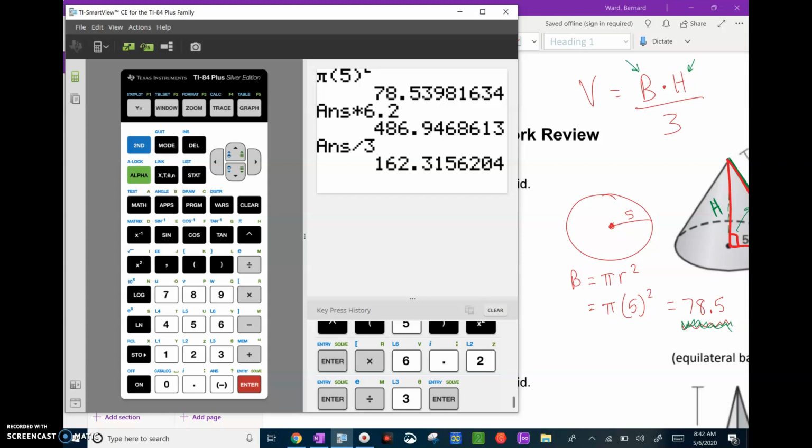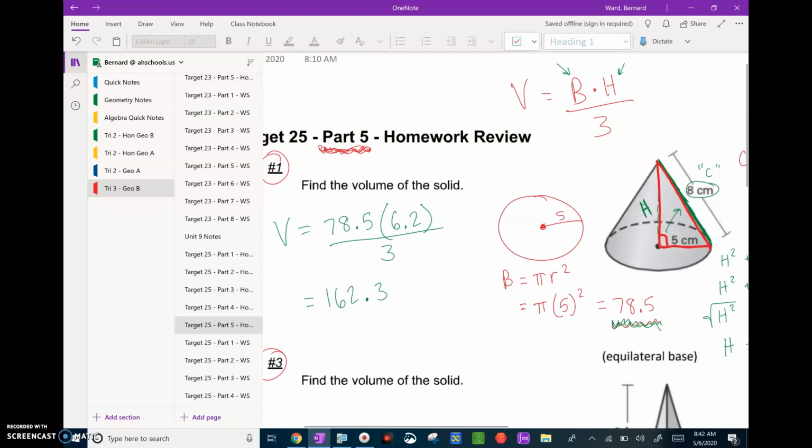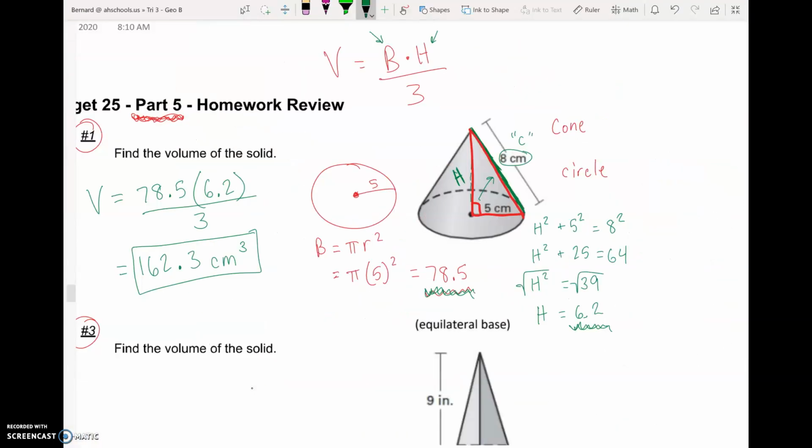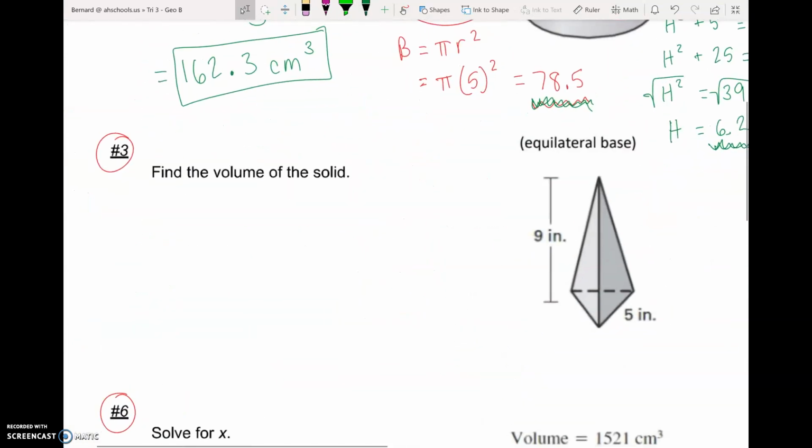And we are given 162.3. Now, remember, these need units. It's looking like centimeters, and for volume it is to the third power. So 162.3 centimeters cubed. All right, let's move on.